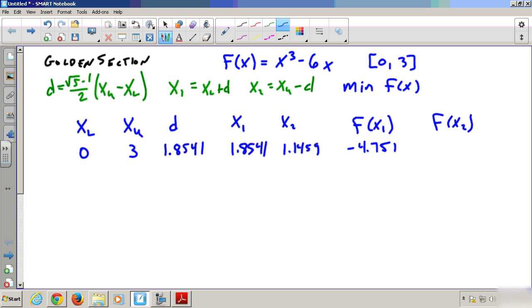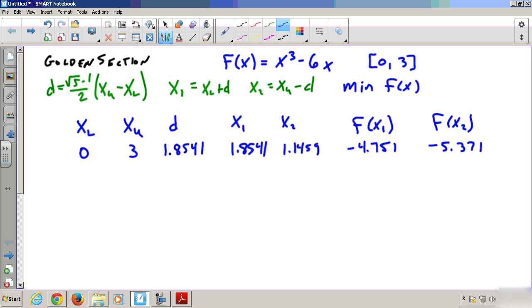And then for x2, you get 1.1459, and you plug that into x cubed minus 6x, and I get minus 5.371.